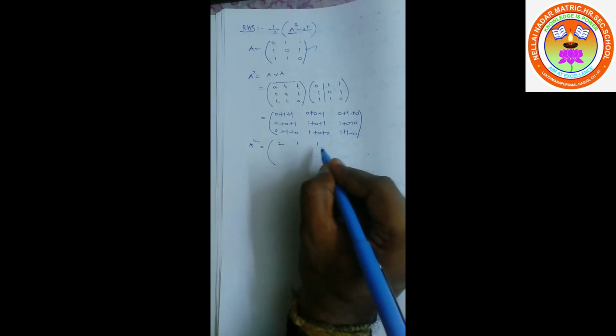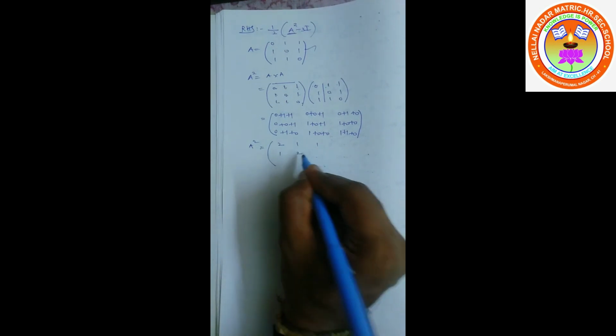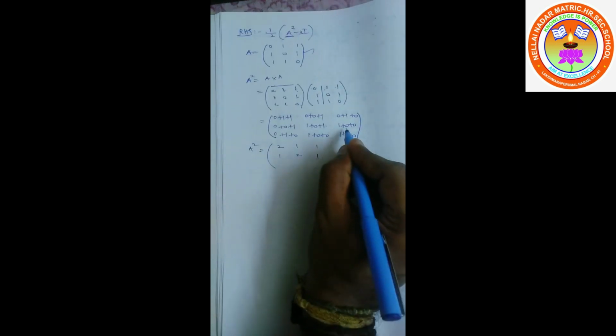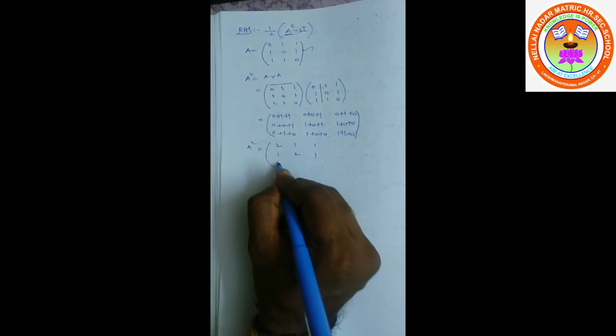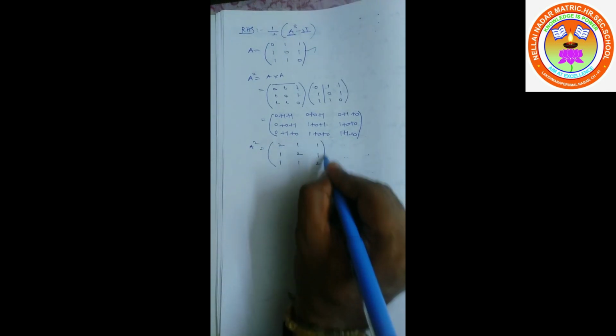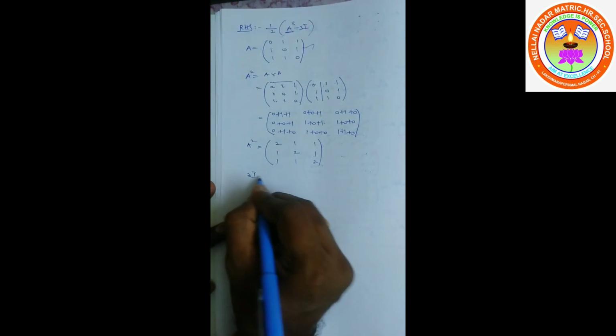So A square answer is 2 1 1, 1 2 1, 1 1 2. 1 plus 1, 2, no. Next 1 1 1 and 2.